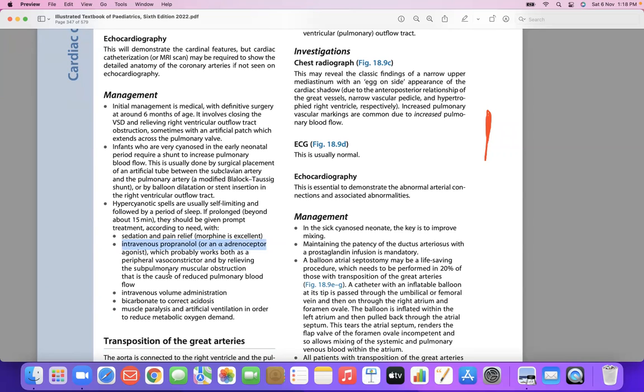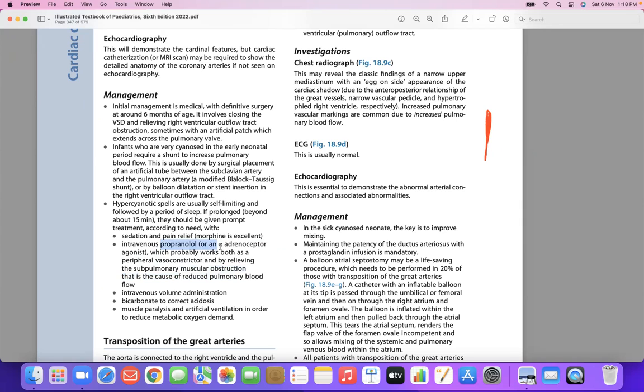As we know, here there is subpulmonary muscular obstruction, the right ventricular outflow is muscular. So what propranolol will do is release this muscular obstruction as well as cause peripheral vasoconstriction.